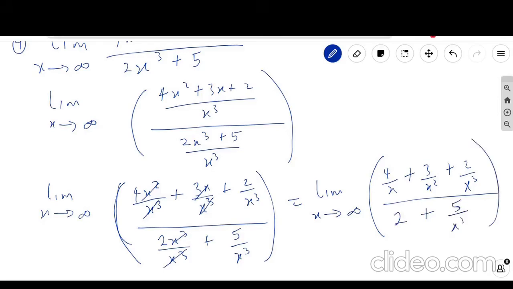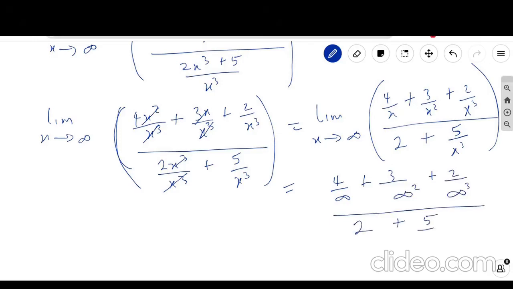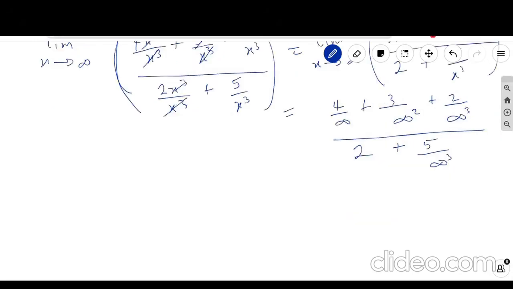So now we can substitute. Meaning I can say 4 over infinity plus 3 over infinity squared plus 2 over infinity cubed, then over 2 plus 5 over infinity cubed. Don't forget, anything over infinity will always be equal to 0, even if it is infinity squared.